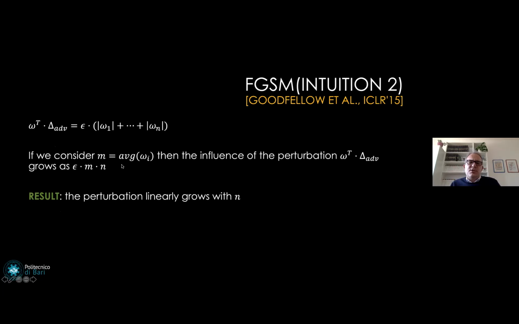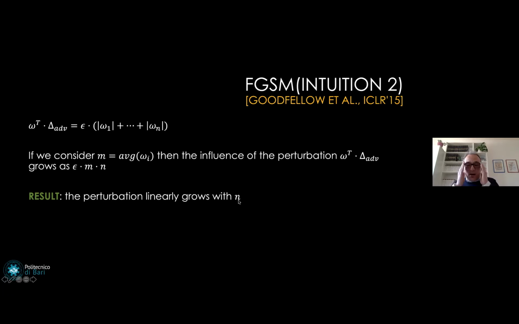So if we consider m as the average of these values, we see that this term grows as epsilon times m times n, where n is the dimension of the vector omega. This is quite interesting because even if epsilon is quite small, so even if this perturbation budget is quite small, this term grows linearly with n.